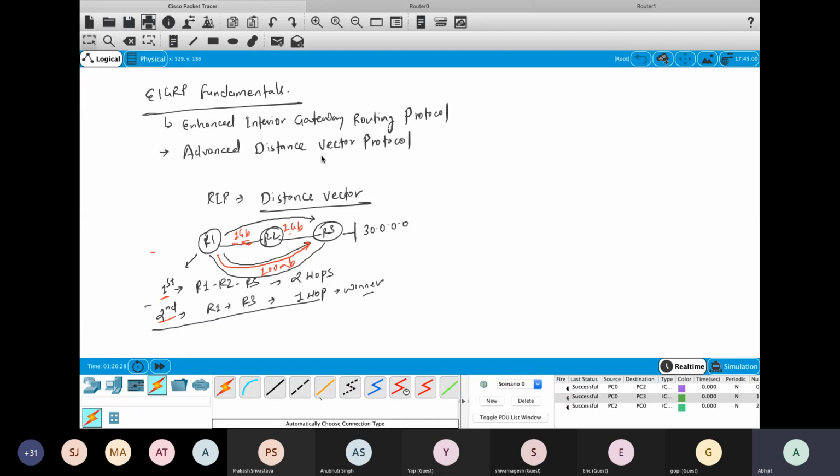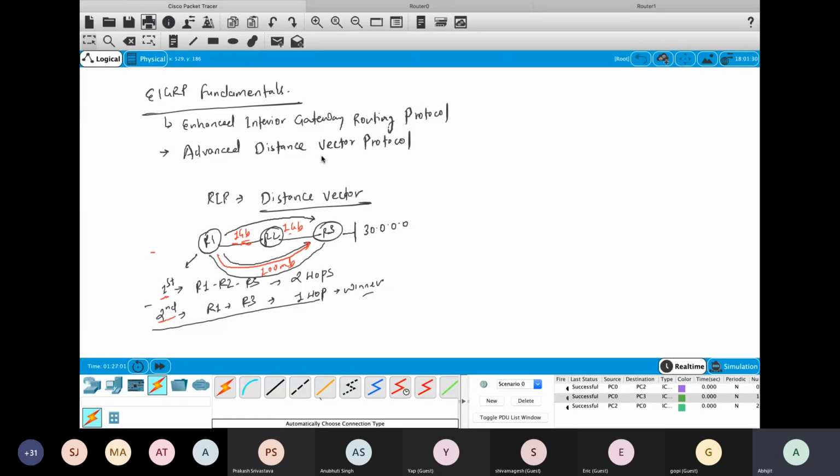The next factor that EIGRP considers, the third parameter, is very common: it's a classless routing protocol, just like RIP.